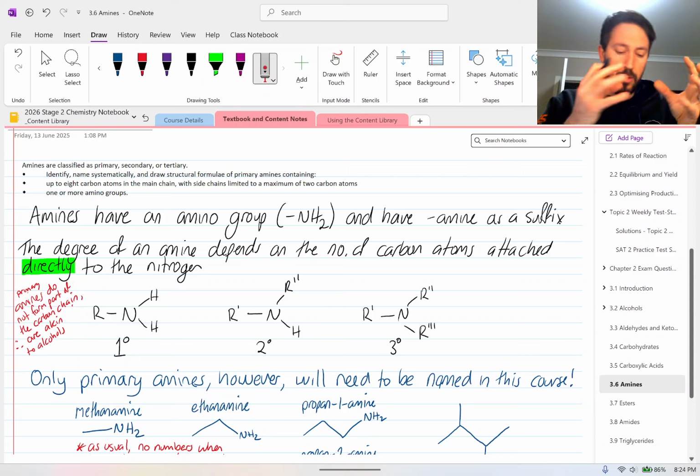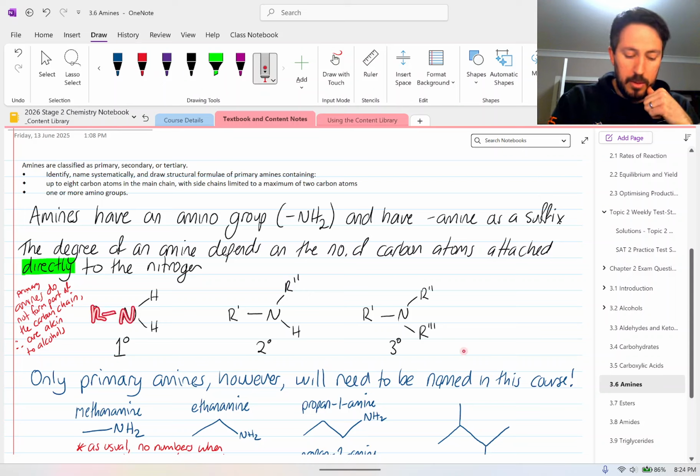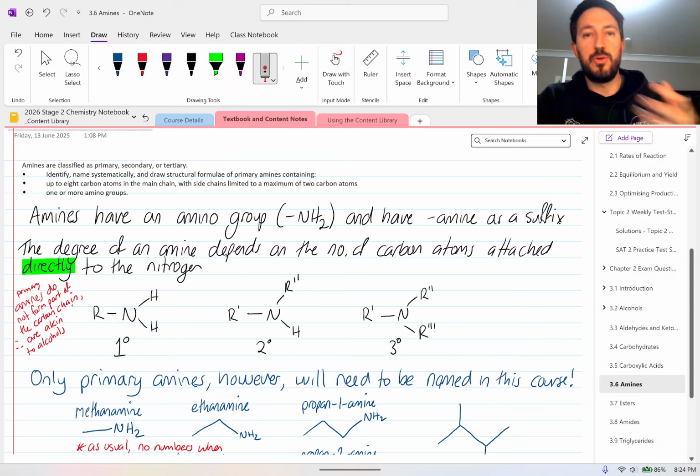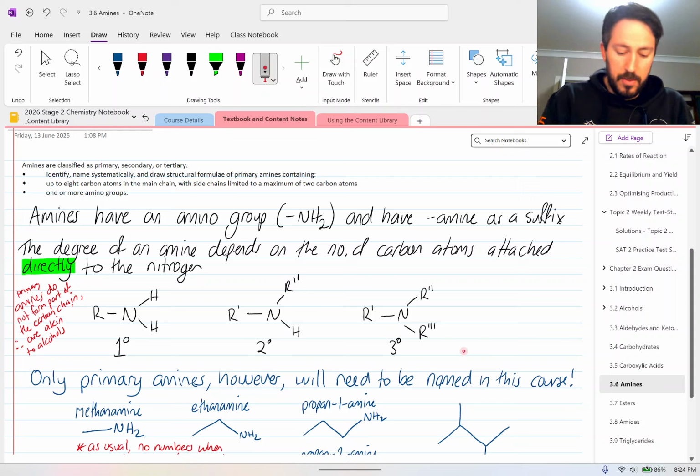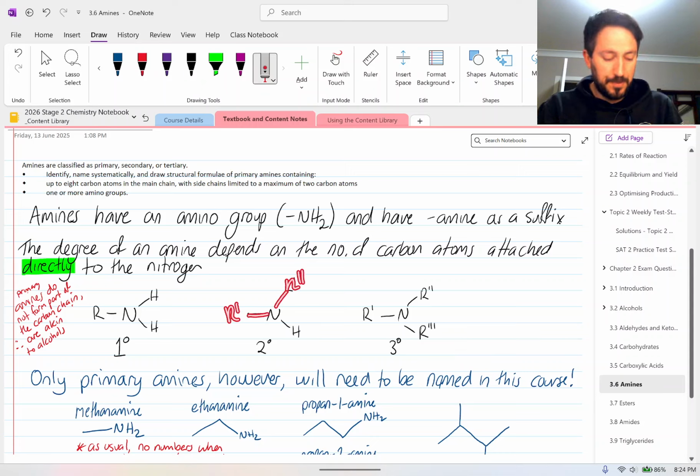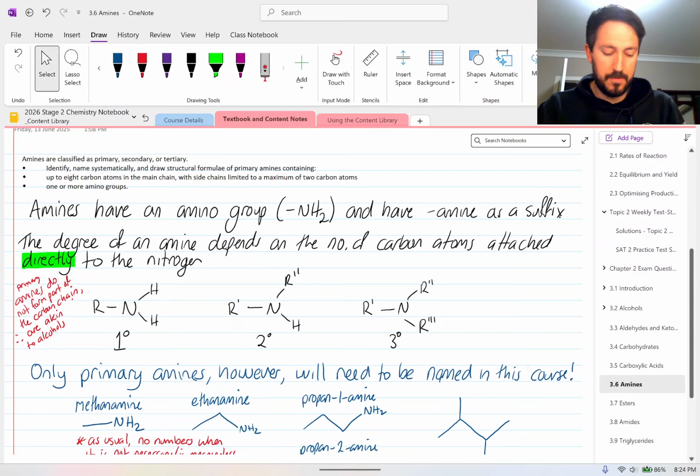In other words, they don't form part of the carbon chain. They are sort of an end to it, because they are attached to a carbon, but then they are attached to two hydrogens as well, which means we cannot continue with that. Secondary and tertiary can. You've got an R group here, and you've got other bits coming off there. But we don't have to worry about naming those, at least.